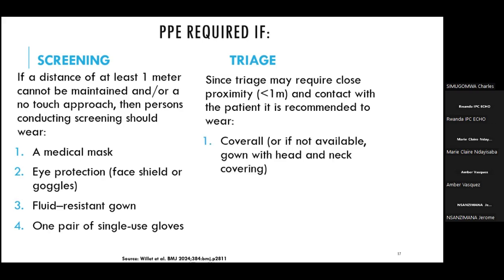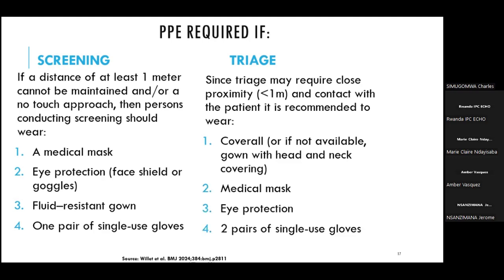They must wear coverall at the area of triage, or if it is not available, they can put on gown with head and neck covering, medical mask, eye protection, and 2 pairs of gloves, because they will be doing clinical examination in most situations, or they need to transport unstable patients who cannot walk alone.